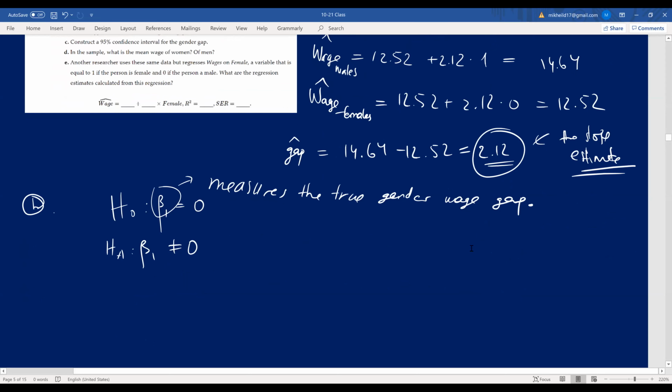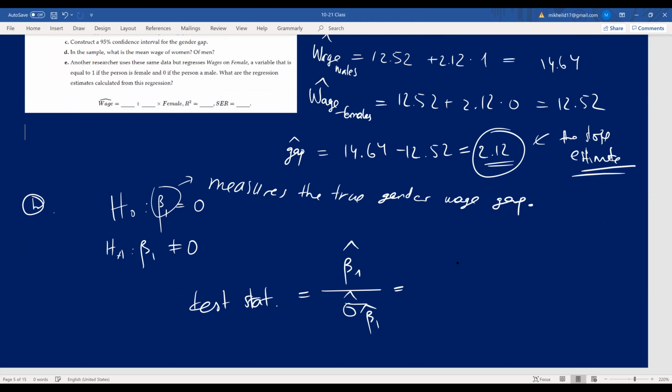And then clearly the test statistic will be beta 1 hat divided by sigma hat of beta 1 hat.